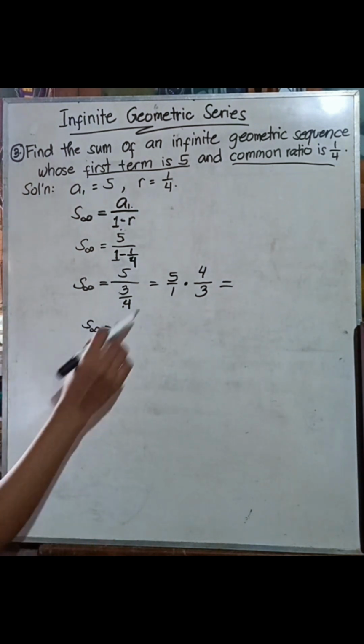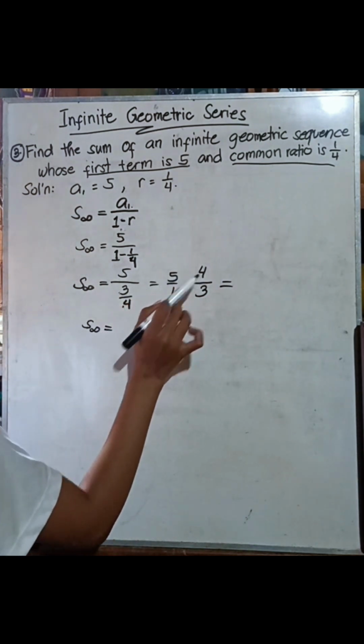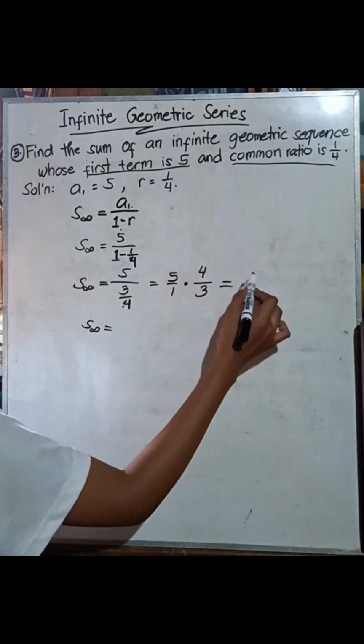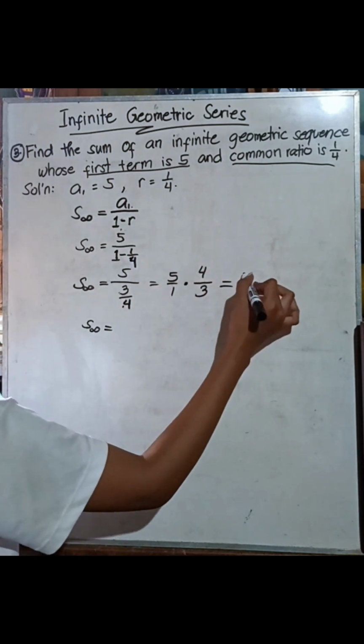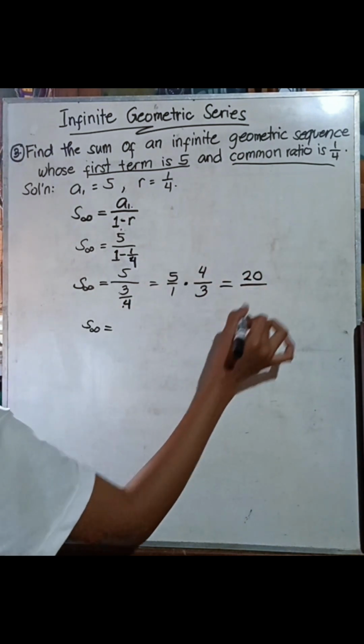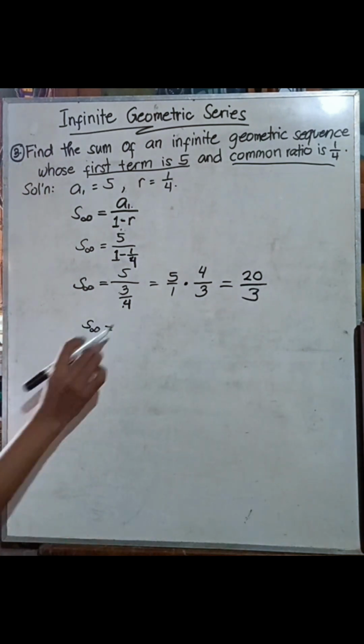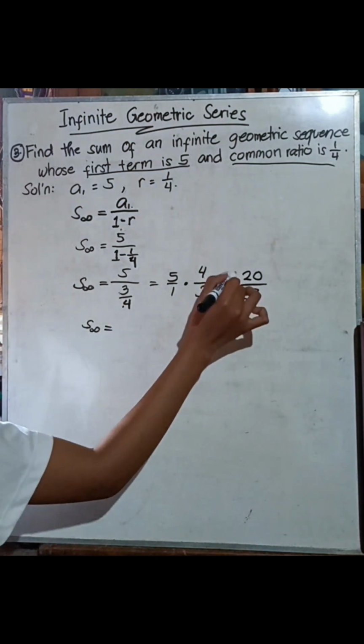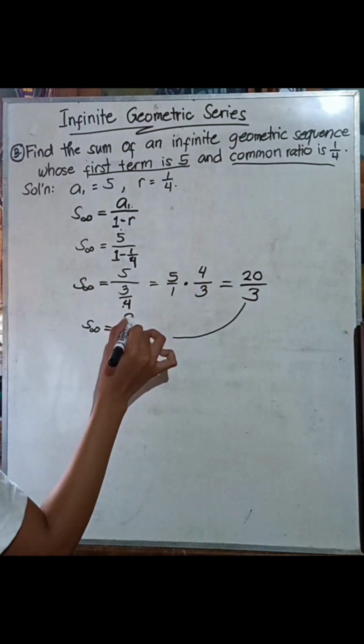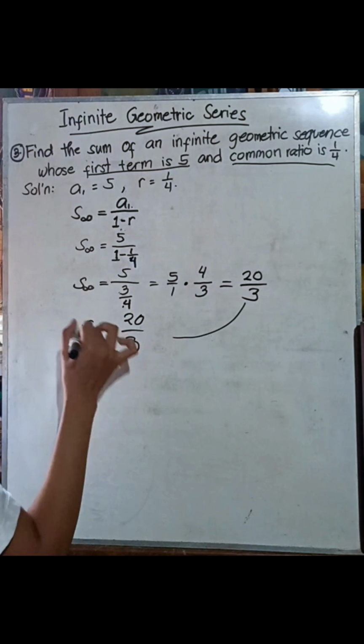Next is multiply the numerator by numerator and denominator by denominator. So 5 times 4 is equals to 20 over 1 times 3 is 3. Now, our answer here is 20 over 3.